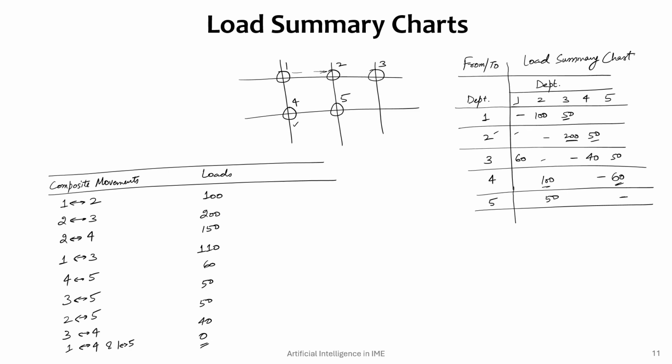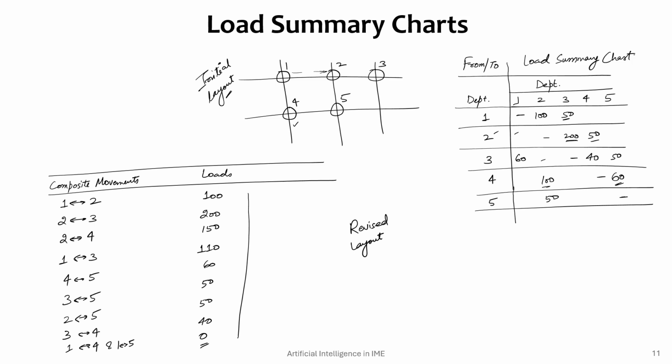Now based on these values, you will arrange your facility layout. This is your initial layout, and this is your revised layout that we will create based on the information about the composite movements.